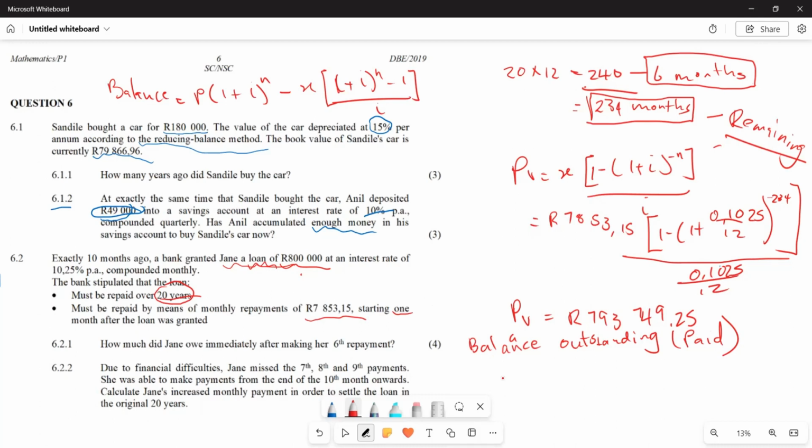So if you are using the balance formula, this is what you are going to use. This is the formula for the balance, which means this here represents, let me erase that.